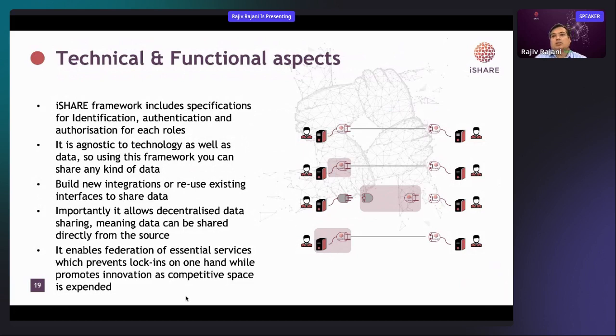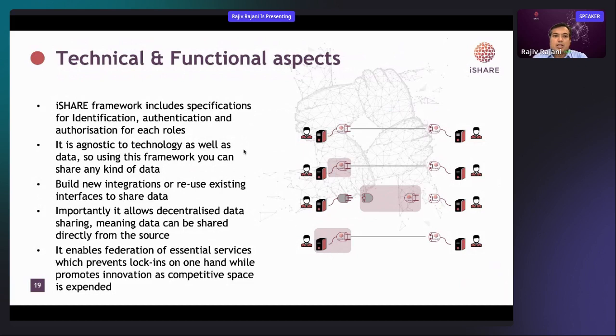More importantly, these specifications allow peer-to-peer data exchange, basically. So you can enable sharing of data from the source directly to the end consumer, and that is achieved by two key aspects. One, participants are trusted in the network, so you can find which participants have already agreed to the iShare terms of use, and based on that you can be sure that this participant will abide by the rules of the framework.